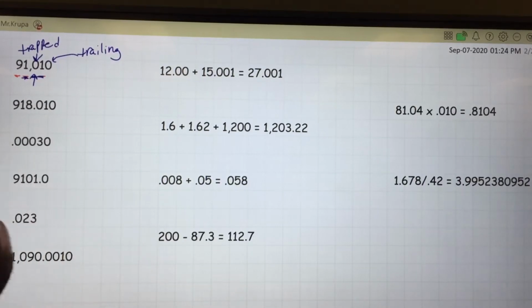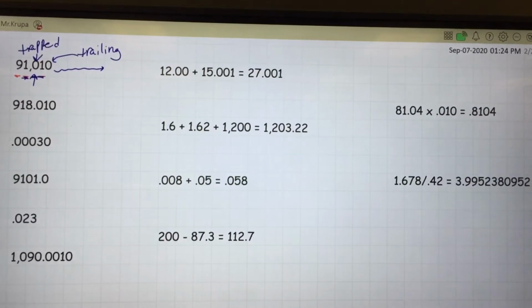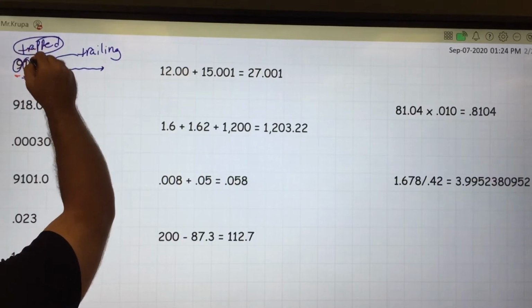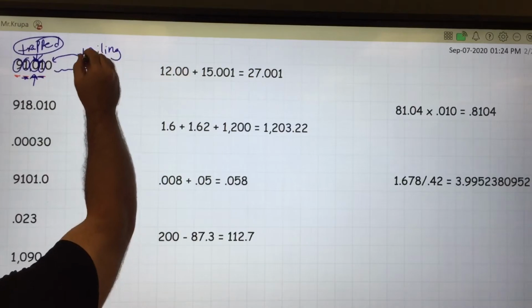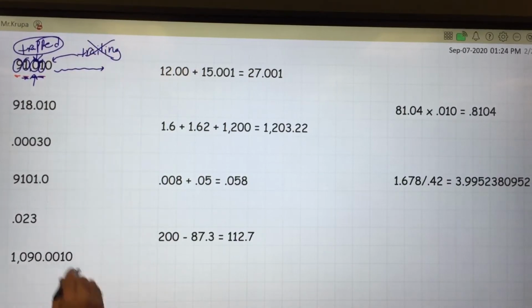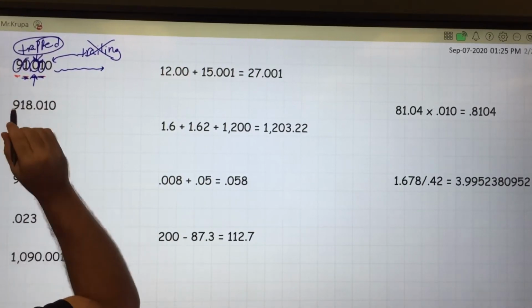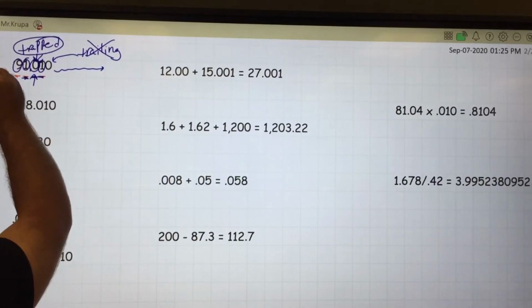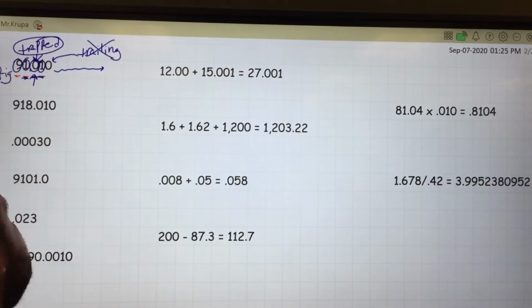It comes at the end and there's no decimal place or number anywhere after it. So what we have here is the trapped zero, the 9, the 1, and the 1. So all four of those, they are significant. Trailing zeros are not significant. They need to be there as placeholders, but they're not significant. That means this number, 91,010, has 4 Sig Figs.